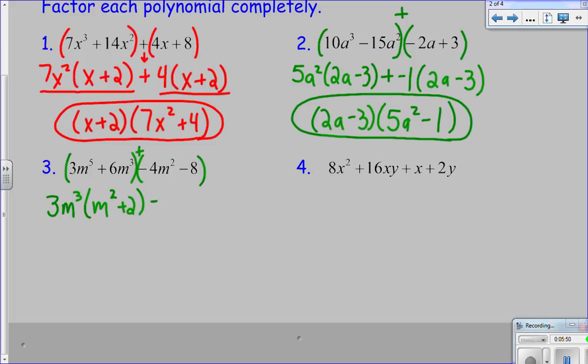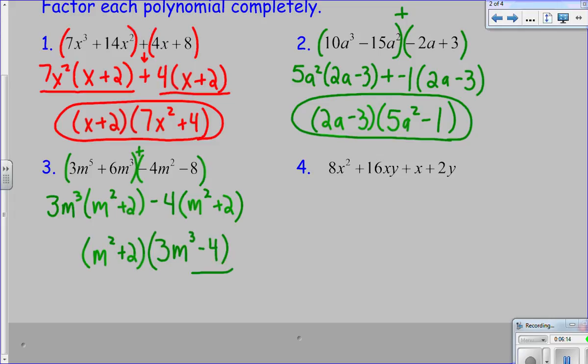So we want to factor out a -4, and that leaves us with m squared plus 2. After doing that, we have a common binomial of m squared plus 2, so we do our second step. Factor out that common factor of m squared plus 2, and we are left with, in our second binomial, 3m to the 3rd, and then minus 4.